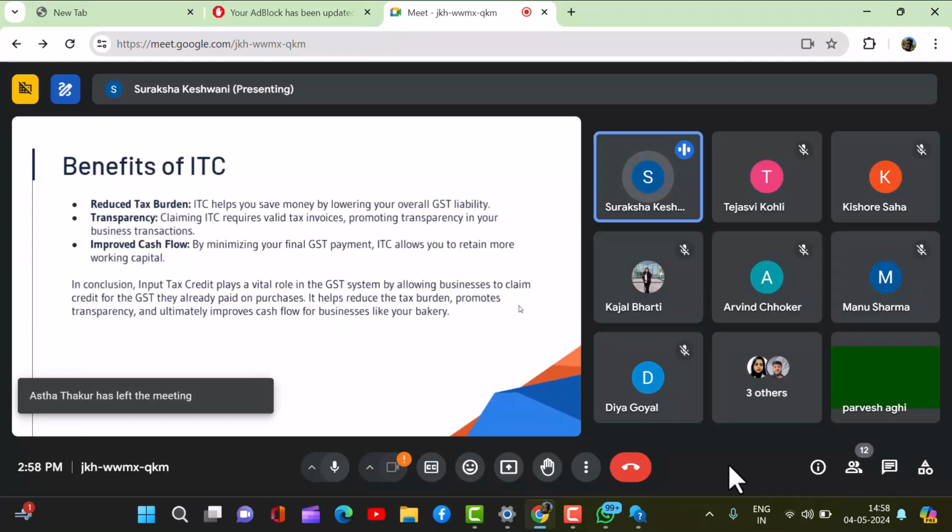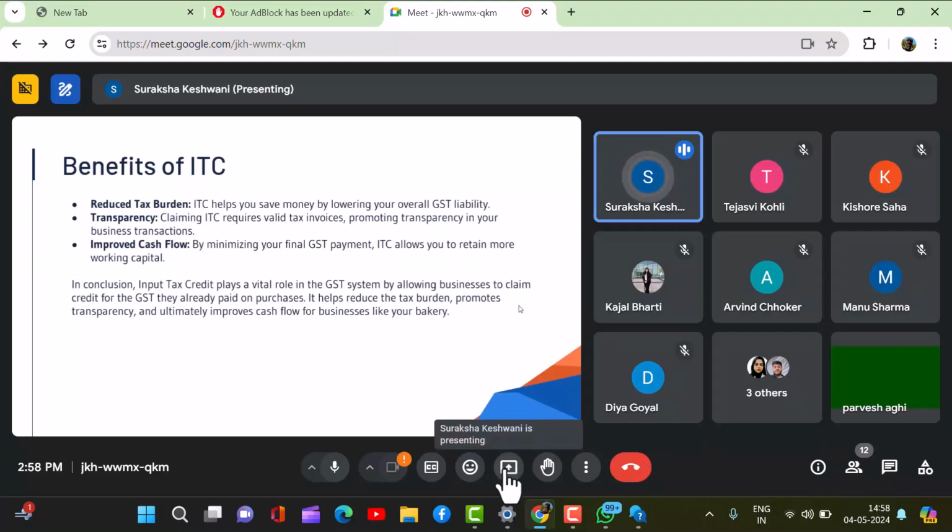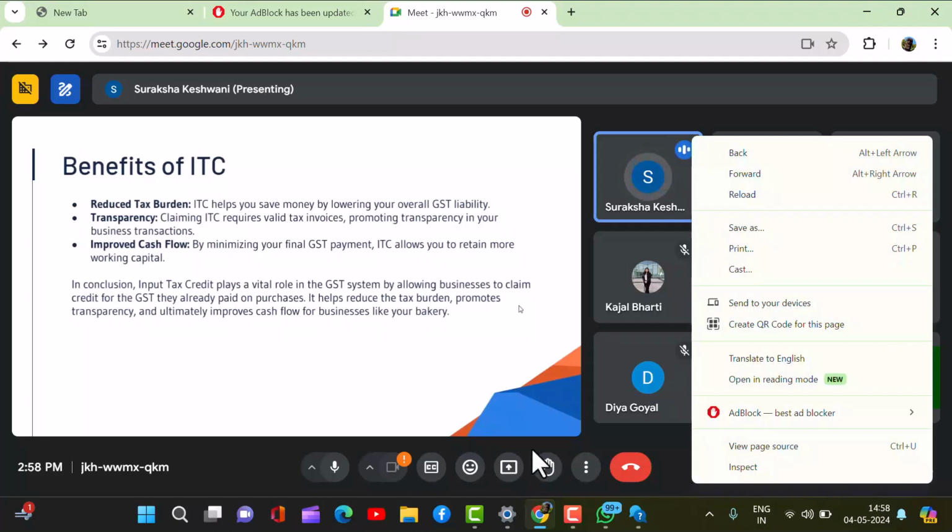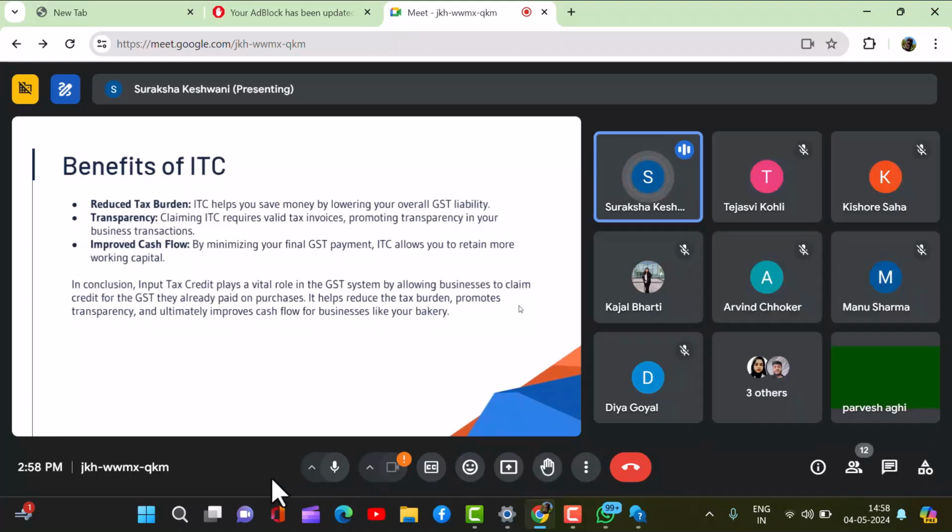While claiming ITC, we have to have valid invoices for our business transactions, which promotes transparency within the businesses and the government also. Lastly, our cash flows also improve because we retain more working capital since we are able to get our input credit and offset it.